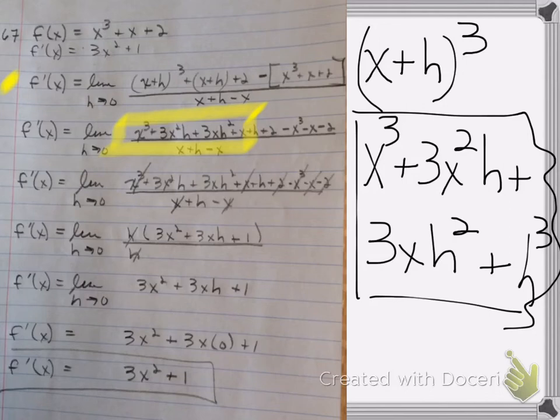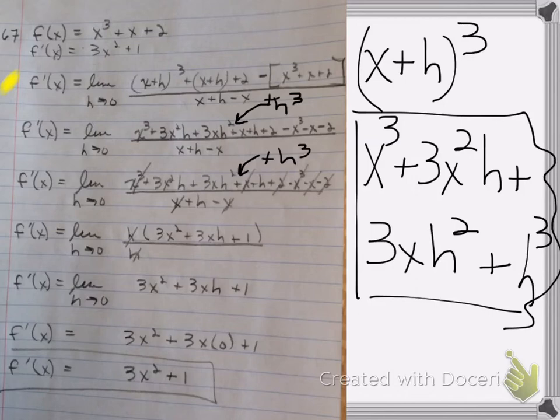As I look at it, I see that there is a little mistake in there. So let's see where I'm going to fit that. I'm going to fit it right in here. So right in here, I would have an h cubed. Okay? So that's good to know. Everything else is good. So that means over here, I'm going to have a plus h cubed.